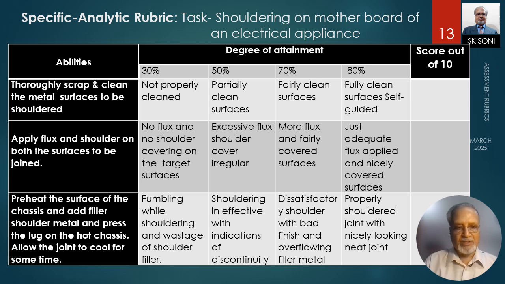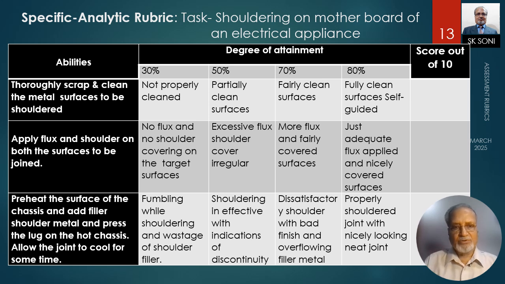Preheat the surface of the chassis and add filler, solder metal and press the lugs on the hot chassis. Allow the joint to cool for some time. Then there are 5 columns. The last column is for score, and the 4 columns are meant for increasing degree of attainment: 30%, 50%, 70%, 80%.